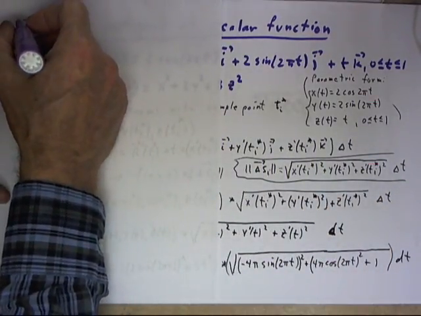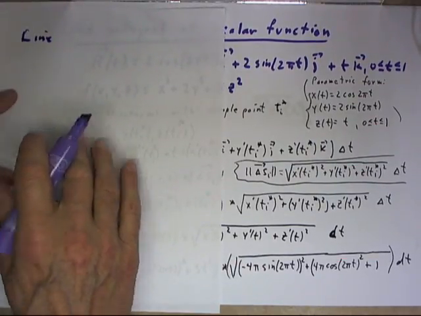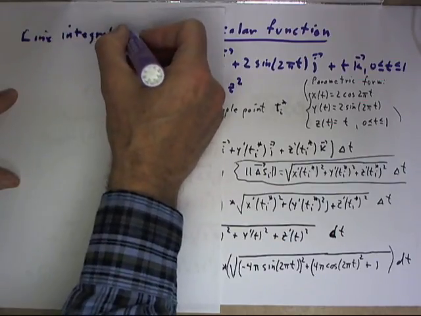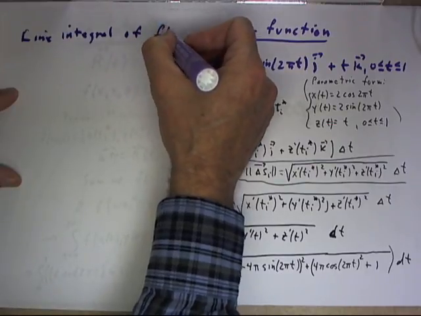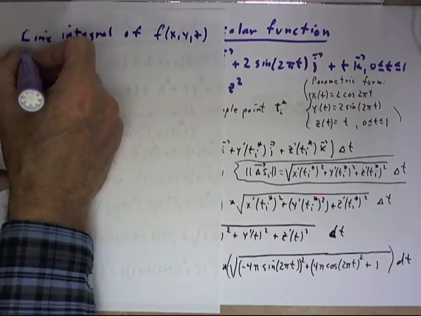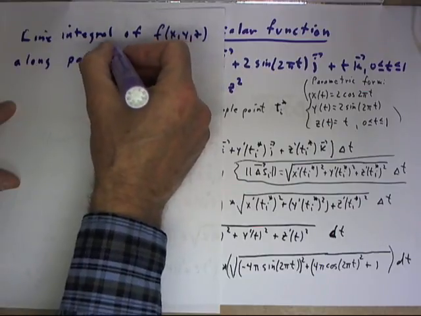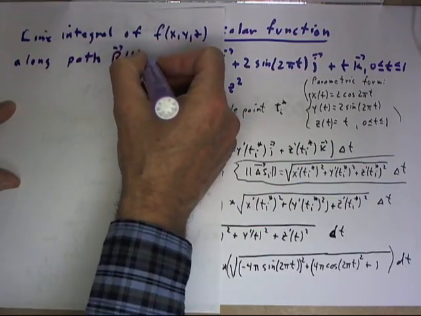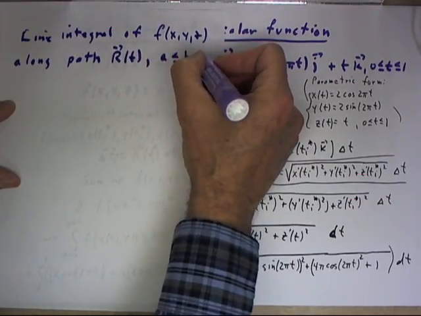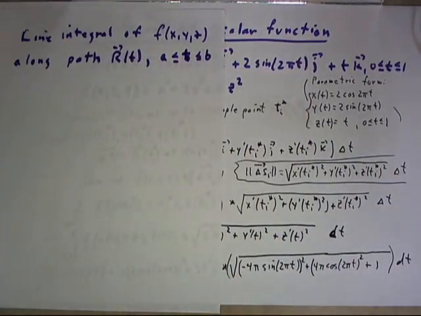The line integral of f of x, y, z along the path that I'll represent by r of t, a less than or equal to t less than or equal to b. I've done it again, I'm going to repair that.